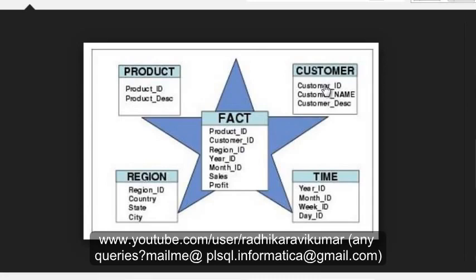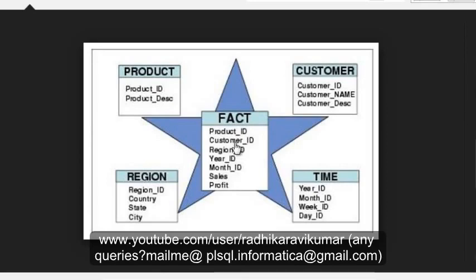Dimension is nothing but what gives a description for these facts. For example, coming to the fact table, you can see a few attributes like product ID, customer ID, region ID, all those things. All these are IDs. They don't give any kind of description. It just gives you an ID like 123 or 407.